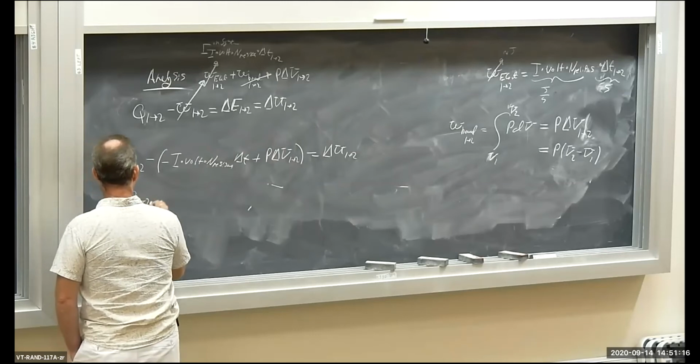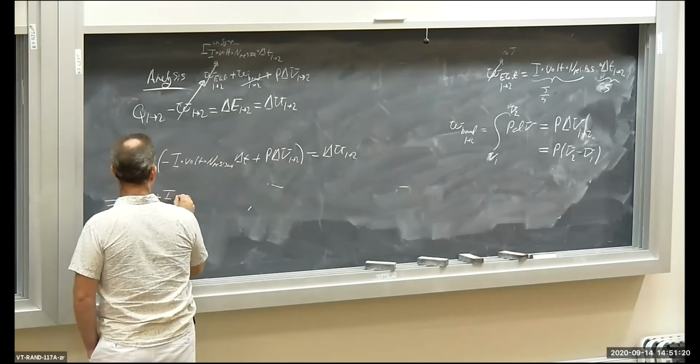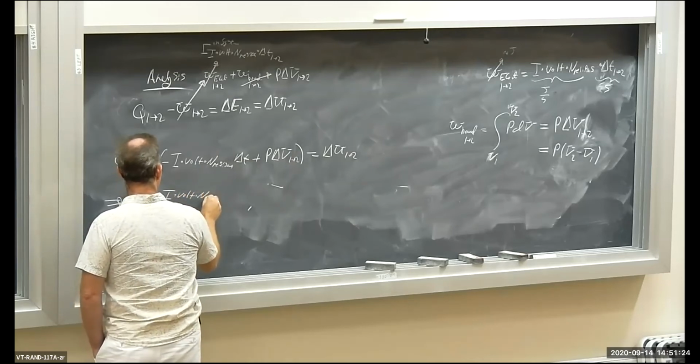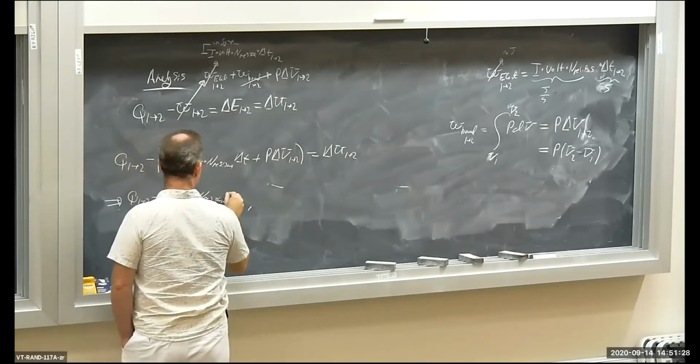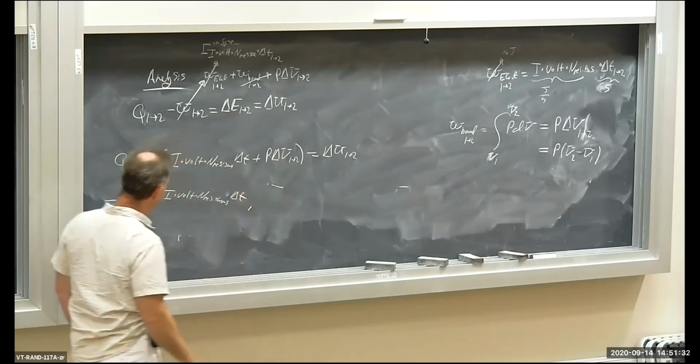Q 1 to 2, the negative times the negative gives me a positive: current times the voltage times N resistors times delta T. That's the electric work.